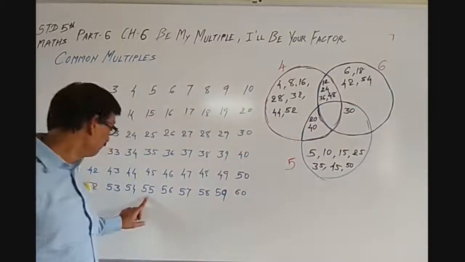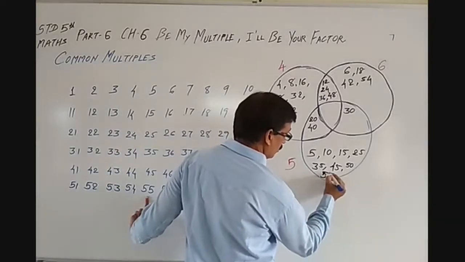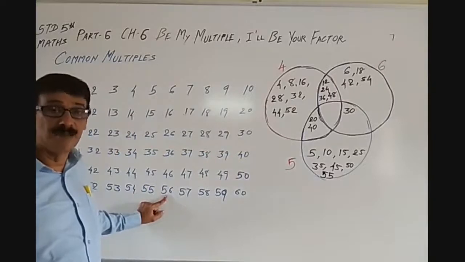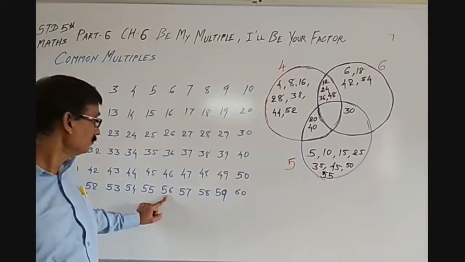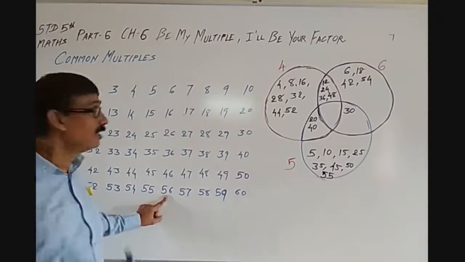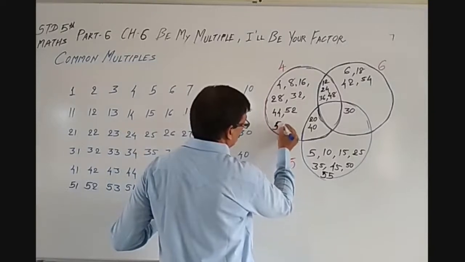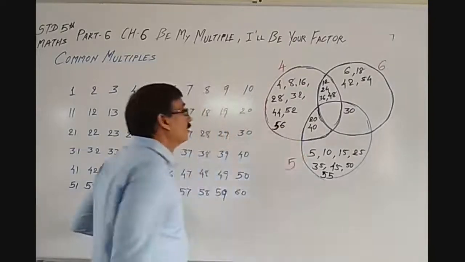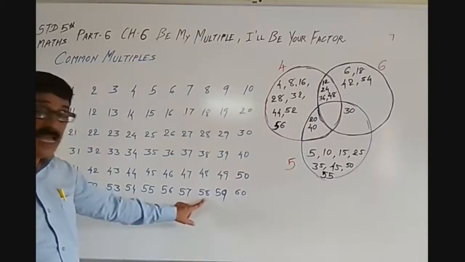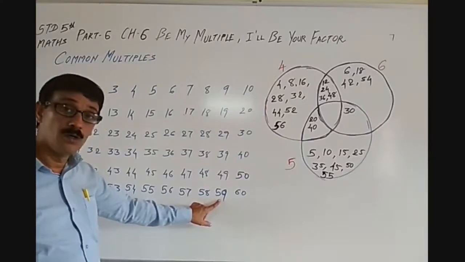Then after that, 55 is a multiple of 5. 56 is a multiple of, can you say that? 56 is a multiple of 4, isn't it? Then 57, no. 58, no. 59, no.